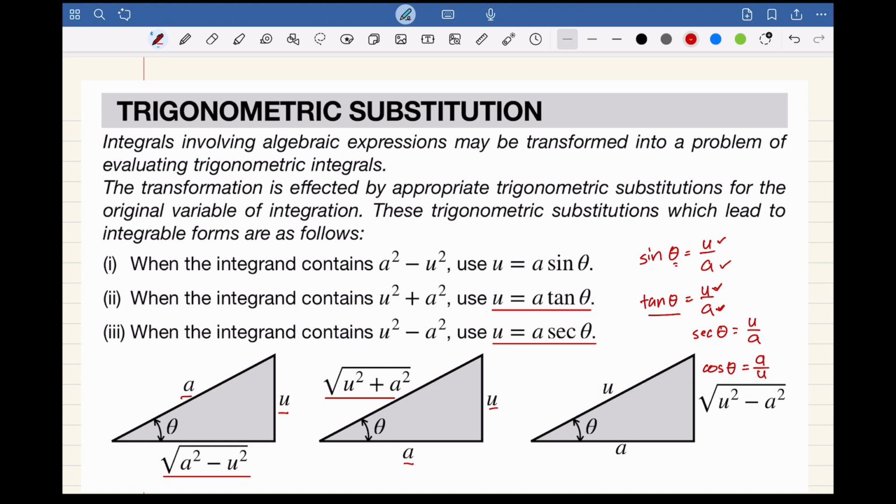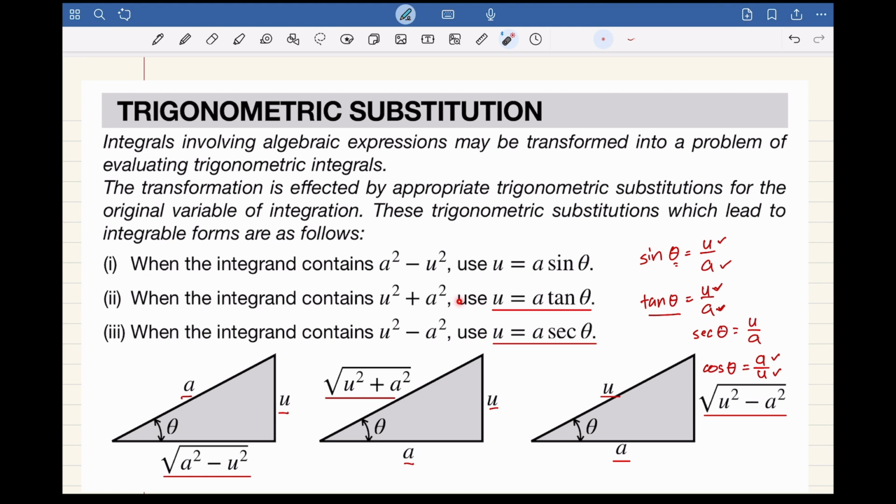So this will now be yung magiging sides ng triangle natin, where from the SOHCAHTOA theorem, we have a as your adjacent side and u as yung hypotenuse natin. And then this side right here, we can derive from the concept of Pythagorean theorem.